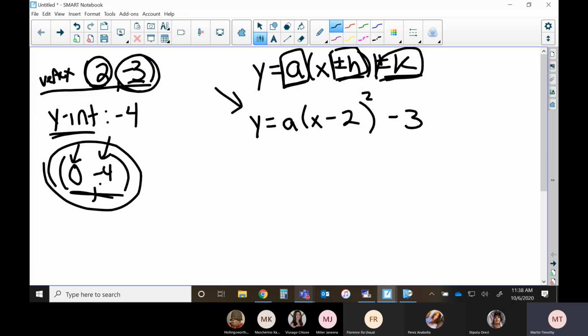So what would I plug in for Y? -4 equals A times the quantity 0 minus 2, squared, minus 3. Now I'm going to do this as much as I can until I run into a problem. Then I'm going to work backwards. Here's what I mean by that.